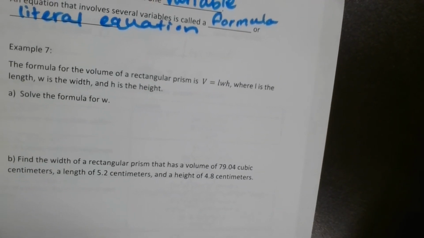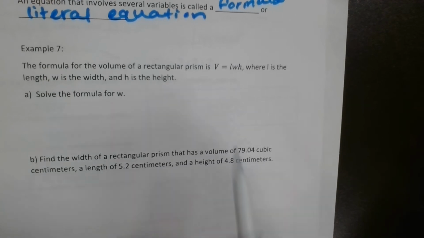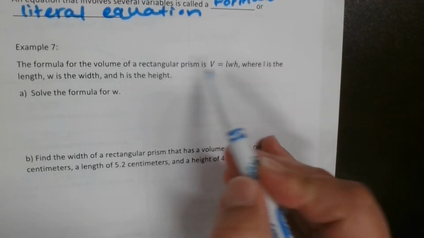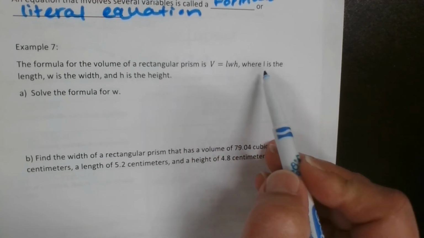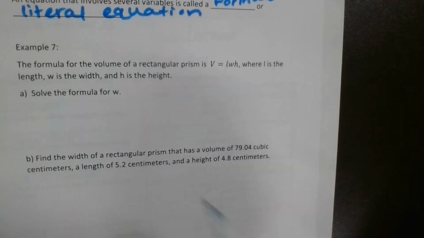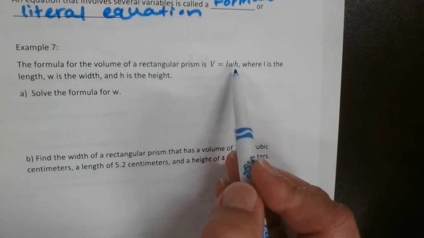So, example 7. The formula for the volume of a rectangular prism is the volume is equal to the length times the width times the height, where L is the length, W is the width, and H is the height. So it asks you to solve this for W.